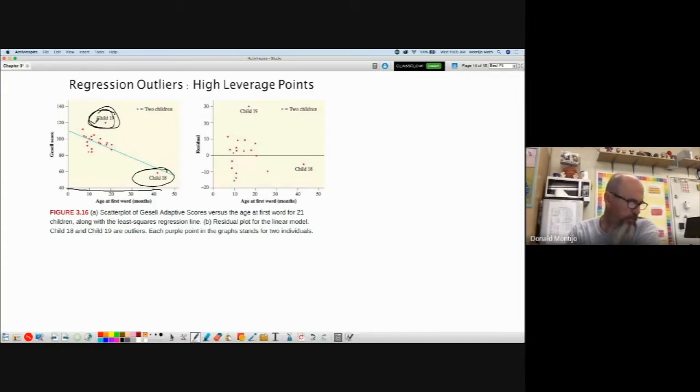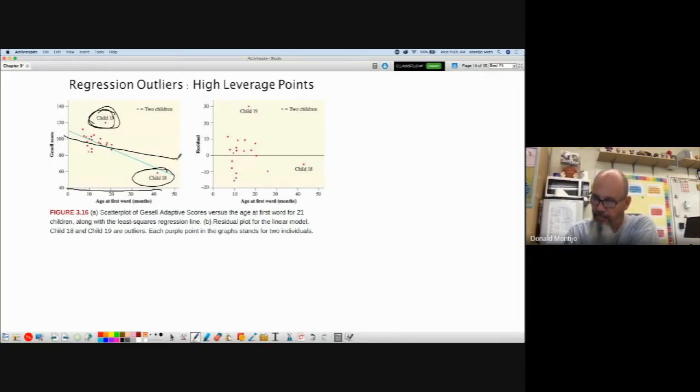So these are called outliers, regression outliers, or high leverage points. High leverage points refers to the fact that these points will have a lot of leverage, or a lot of pull on the regression line. For example, if we were to remove child 18, the regression line would become much less steep and it would decrease the y-intercept.